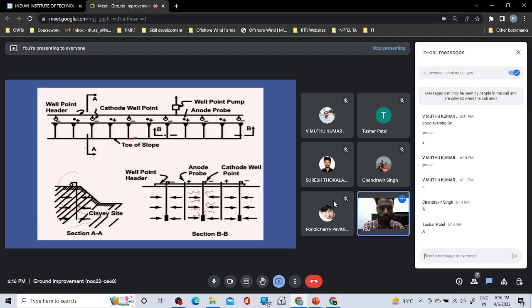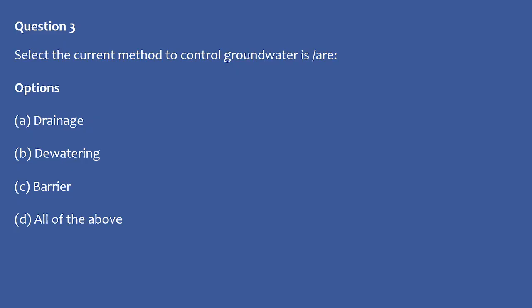Okay, then let's move to our next question. Among all these three methods mentioned here, which method can you use to control the groundwater?